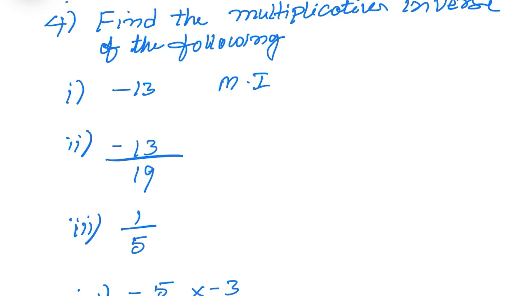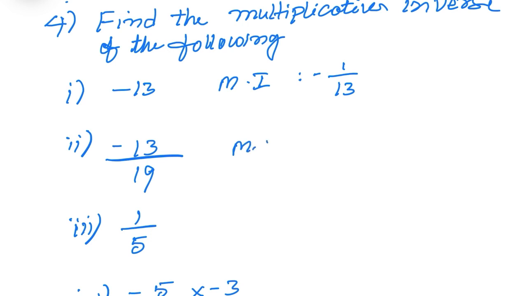Minus 13 means you take its reciprocal, 1 by minus 13. Minus should be kept in front of the fraction. 13 just minus 1 by 13. We did not change the sign. We took the same sign, but we took the reciprocal of the given number. It is as simple as that.